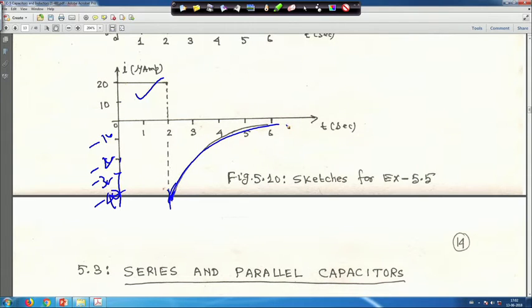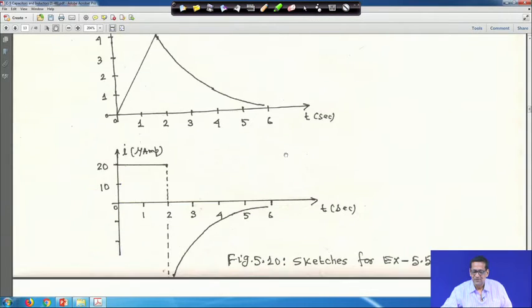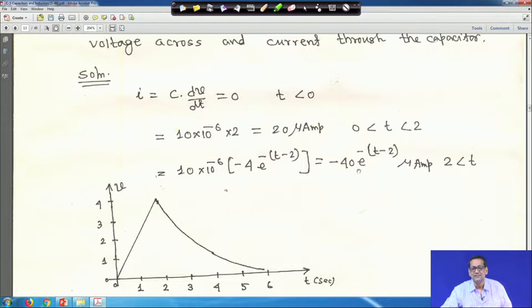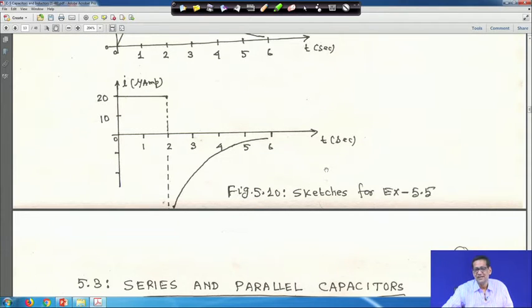So, this is your sketch of the current. From this equation, this is the plot. I hope you have understood this.